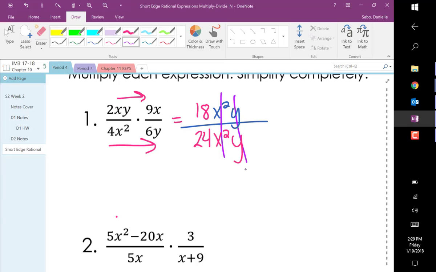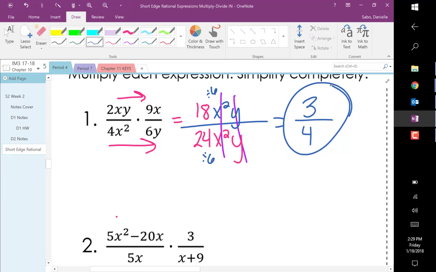Not 4. 4 goes into 24, but not 18. Yeah, 6. So you can reduce this by 6 technically. Make a note for yourself: you're going to divide both of them by 6. And what do you get? What's 18 divided by 6? 3. What about 24 divided by 6? 4.